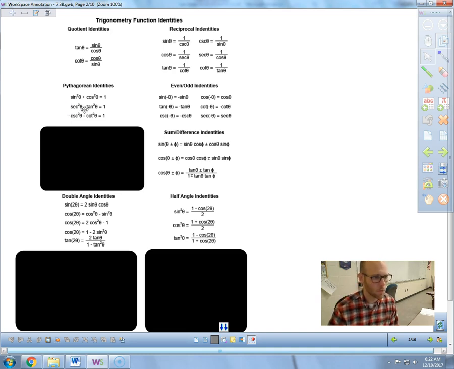It's just a rearrangement. We know what functions are even and odd. We've discussed that. Our sum and difference identities, these are the first real big identities that we looked at. We've also discussed our double angle identities, half angle identities. As you can see, I've covered up some more because we got more to learn.